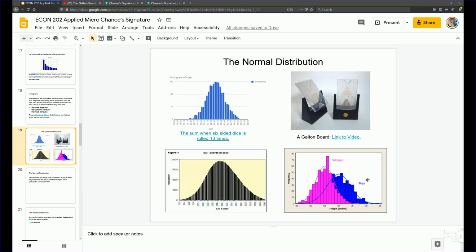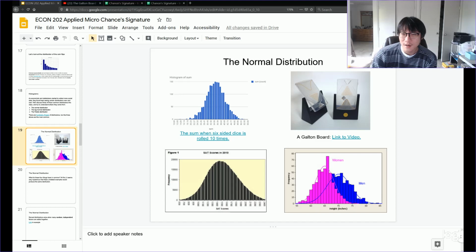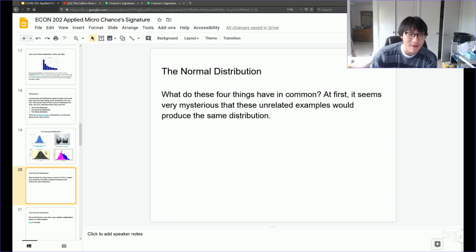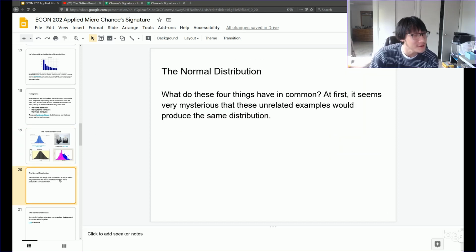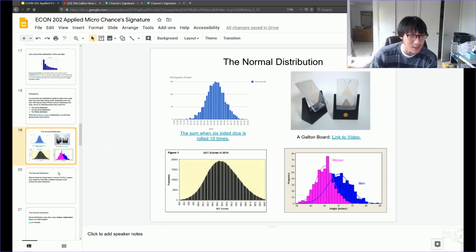We got the heights of men and women, we got SAT scores, we got balls rolling down this Galton board, and then we got the sum of a bunch of dice rolls. How do any of these things have anything in common? Isn't it sort of mysterious that all 4 of these seemingly unrelated processes generate the exact same histogram?